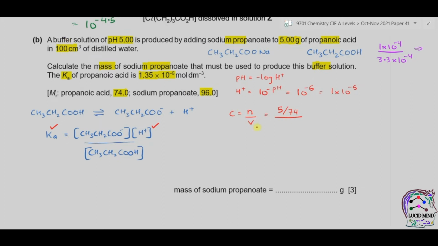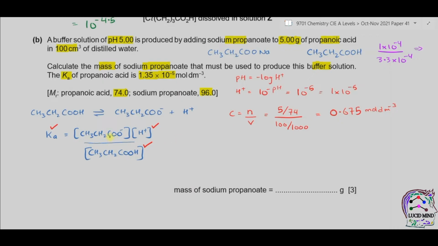As we have 100 cm³, we can convert it into dm³ by dividing by 1000. So the concentration of propanoic acid comes equal to 0.675 mol/dm³.